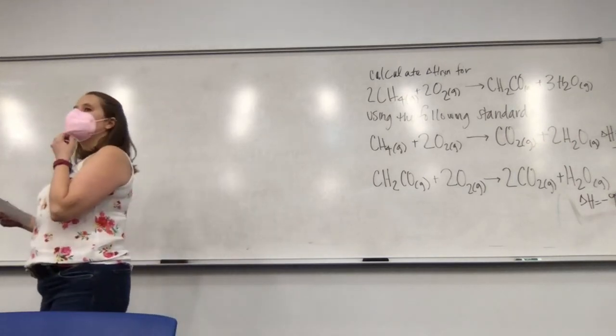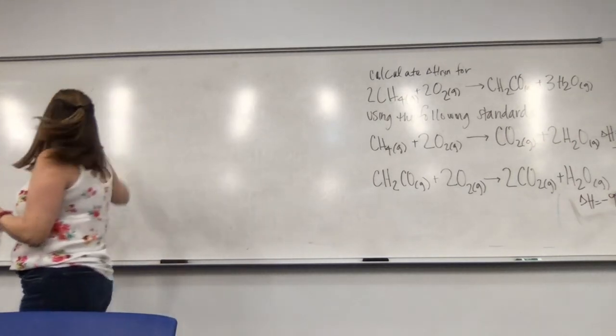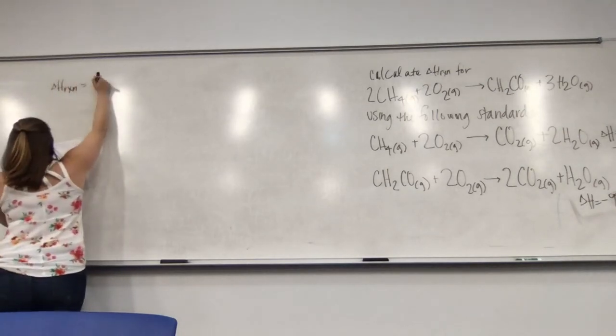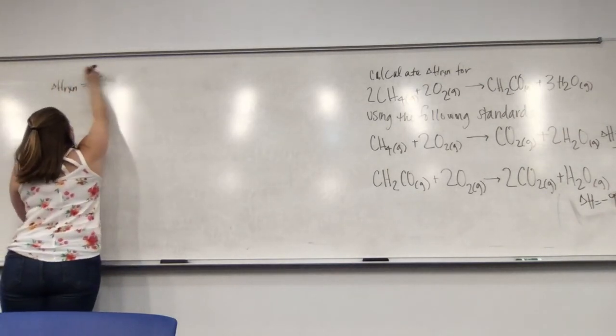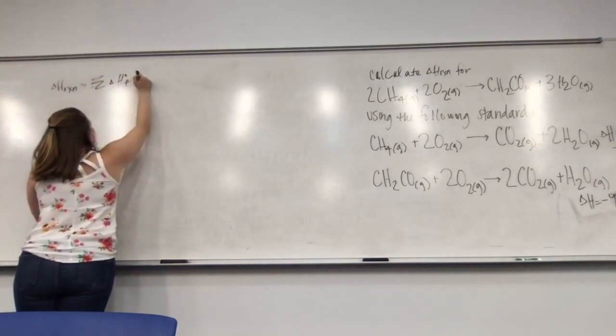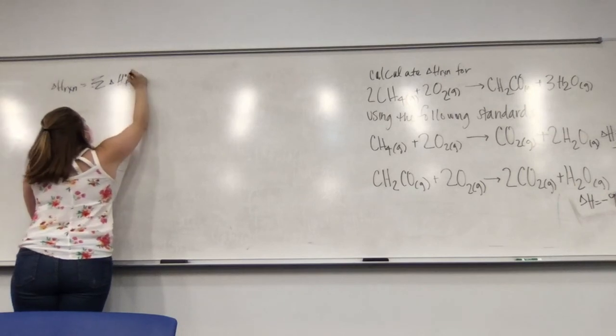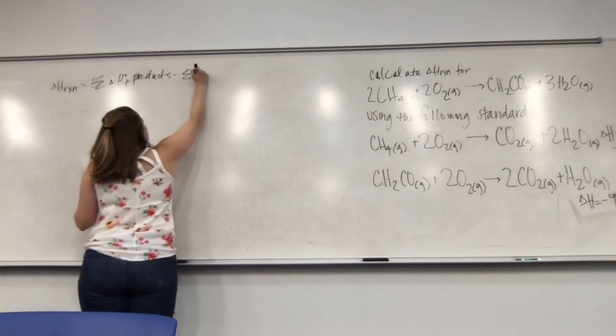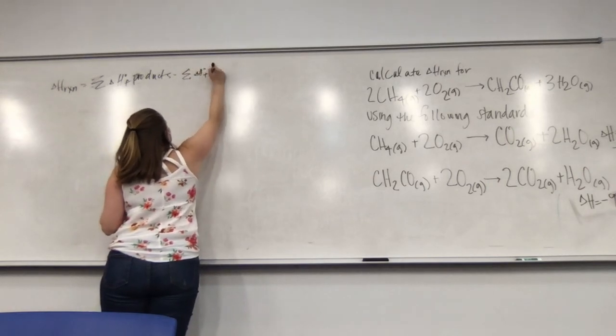So we know, similar to the previous one, the delta H reaction equals the sum of delta H naught F for the products minus the sum of delta H naught F for the reactants.